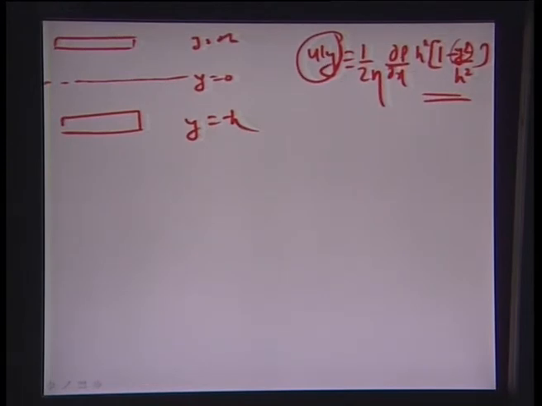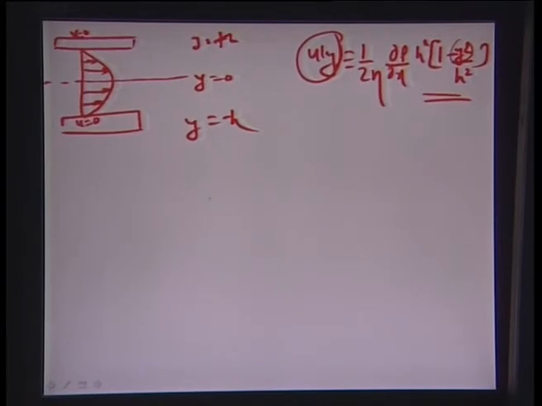Okay. So you can draw the profile something like a parabola where there is a zone of no slip, u is 0 here, and another zone of no slip here, and this profile is the flow profile of a parabola with velocities starting from y equal to 0 to y equal to plus h and y equal to minus h.